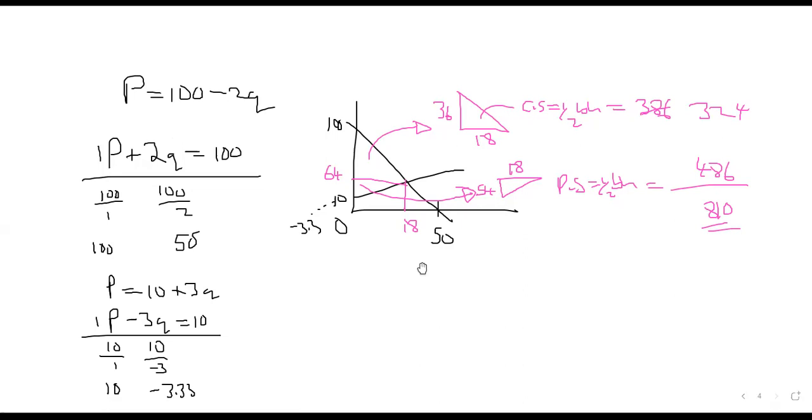Now we can go to just analyze demand on its own. So this very demand P is equal to 100 minus 2Q. We can make Q subject of the formula if you want. We can use 2Q is equal to 100 minus what? 1P.